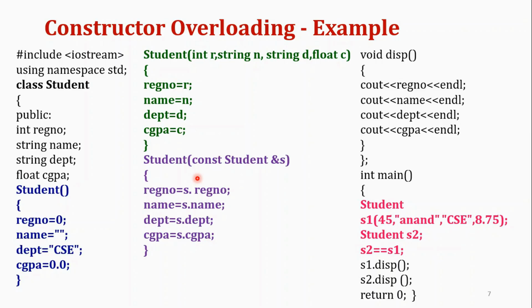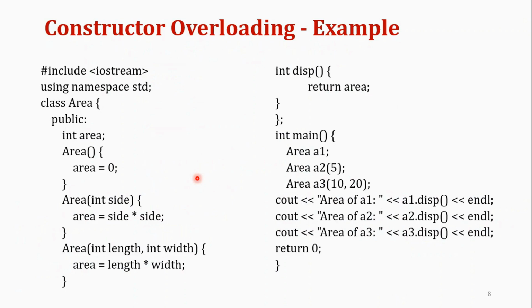Okay. So another example for constructor overloading: consider the class name is Area. Area is a class name. It has one integer attribute, lowercase area, and this class name Area has a capital A. The first function, the default constructor, initializes the area as 0.